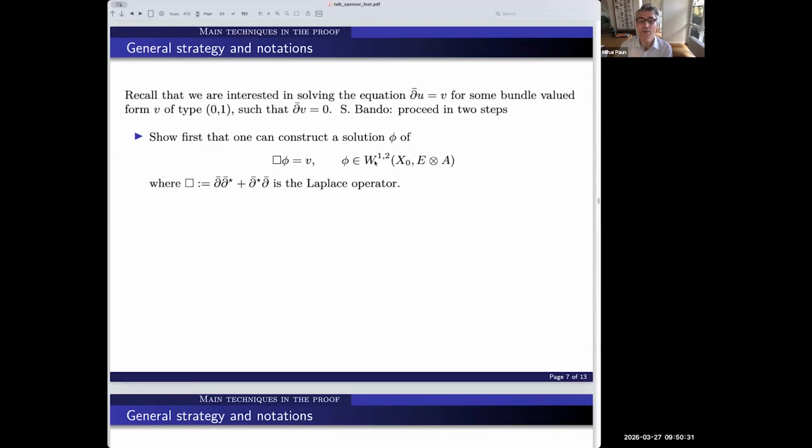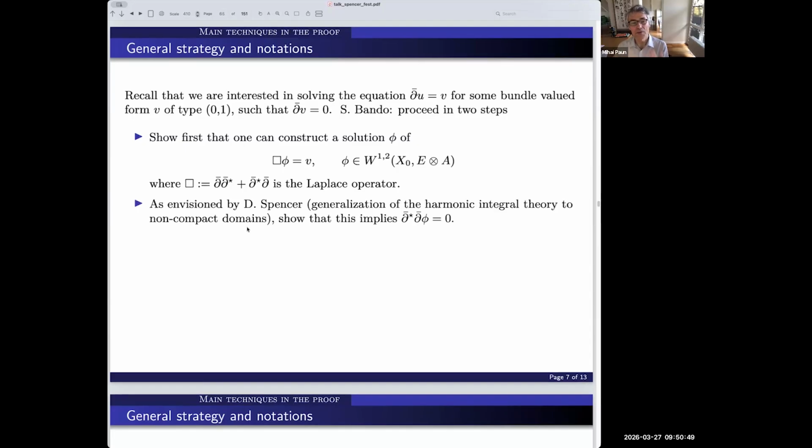So it's in L2 and one derivative in L2. Okay, so this looks friendlier than simply dbar u equals v, because you have some room to play. You have this other dbar star dbar, which is part of the picture. But then the second step is the reason why I decided to present this in this beautiful conference: as envisioned by Spencer, that is to say, generalizing the harmonic theory to non-compact domains.